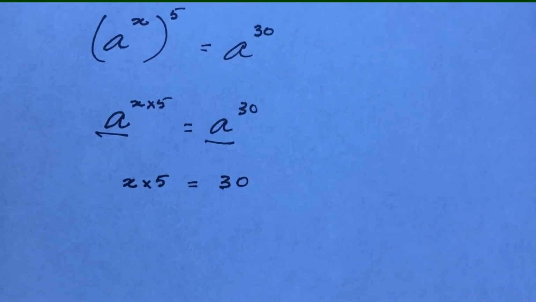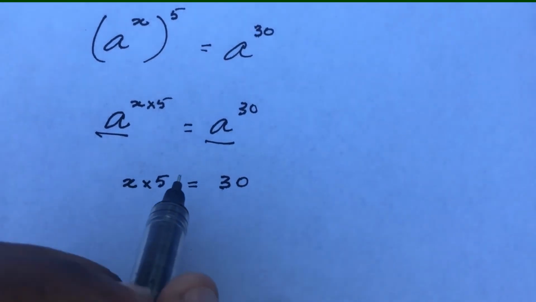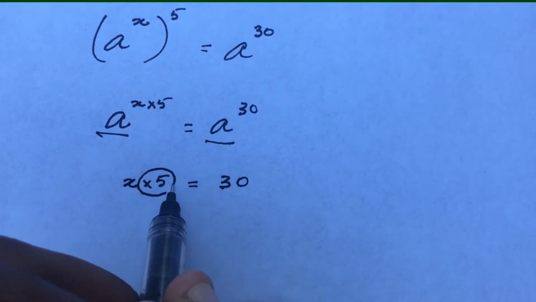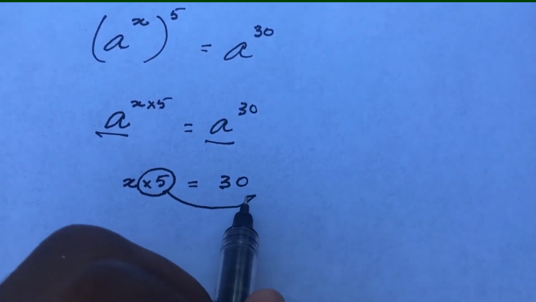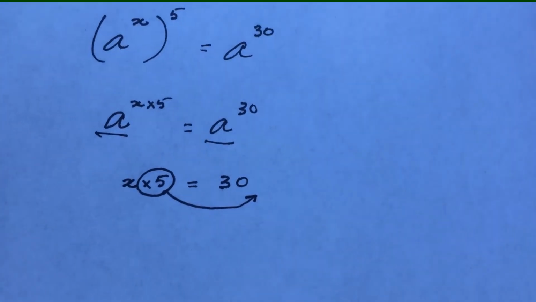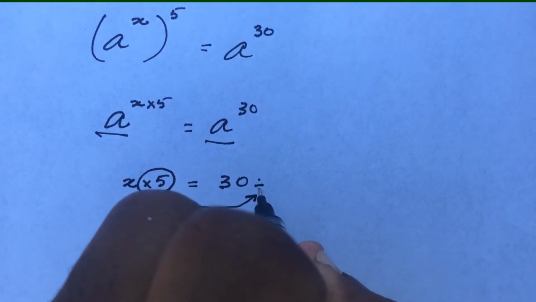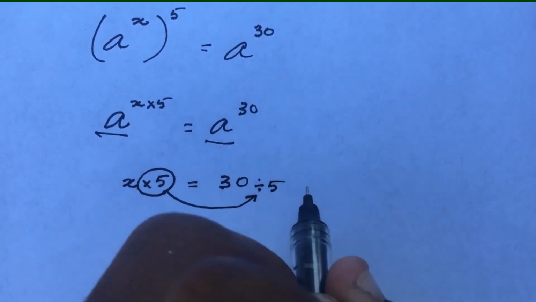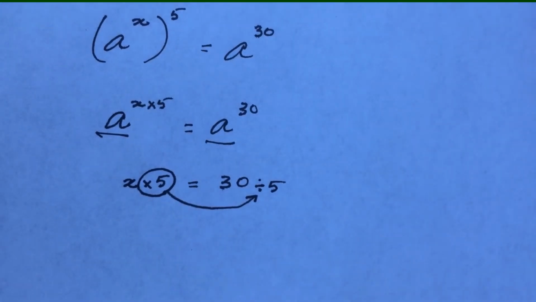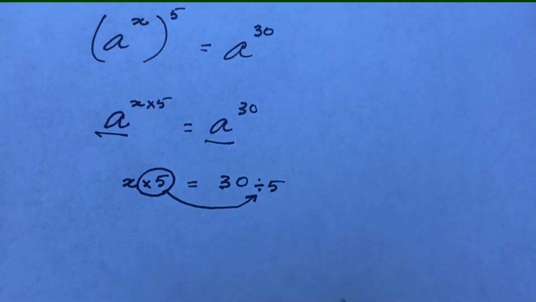And maybe you know, but let's say that you never know, right? What I need to do is to get rid of this multiply by 5 and carry it over to the other side, right? When I carry it over to the other side behind the 30, I'm going to change the sign from multiply to divide. Because it switched sides, the sign should also change.